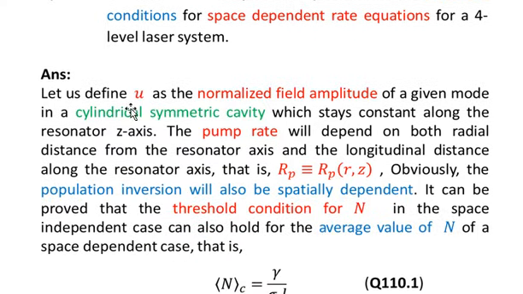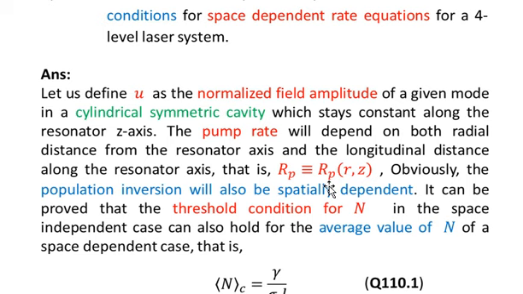The answer is, let us define U as the normalized field amplitude of a given mode in a cylindrical symmetric cavity, which stays constant along the resonator axis, which is the z-axis. The pump rate will depend on both the radial distance from the resonator axis and the longitudinal distance along the resonator axis, that is Rp.